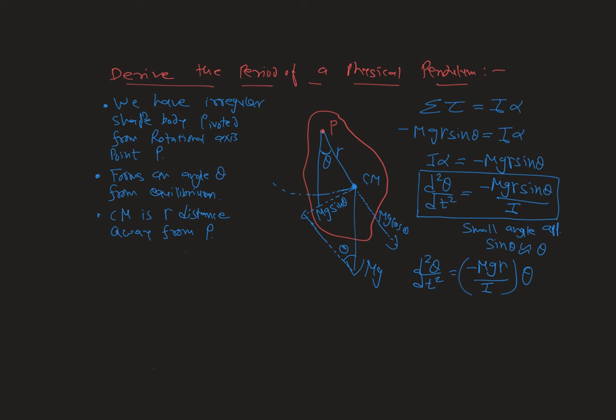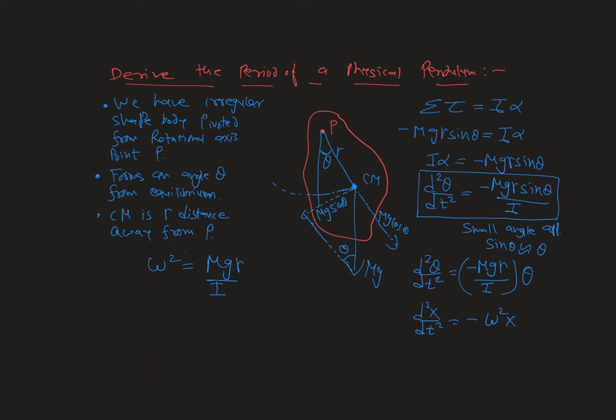This equation is very much analogous to the simple harmonic motion equation which we derived earlier, which was d squared x over dt squared equals negative omega squared x. Look, x is replaced by theta, and d squared x over dt squared is replaced by d squared theta over dt squared. That means your omega squared you can compare with mgr over I. So on this side, I'll write omega squared is nothing but mgr over I.